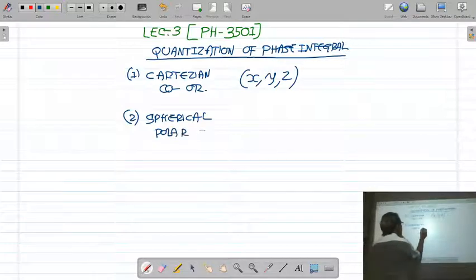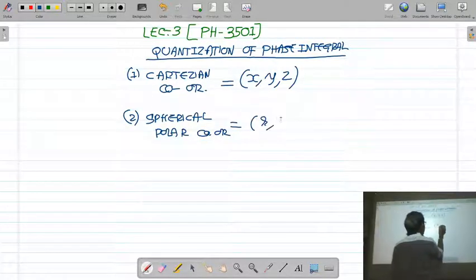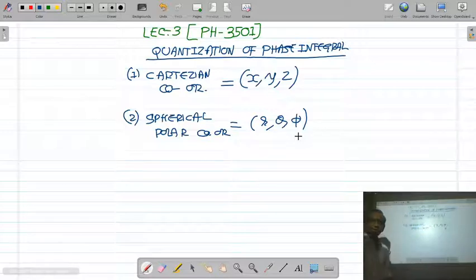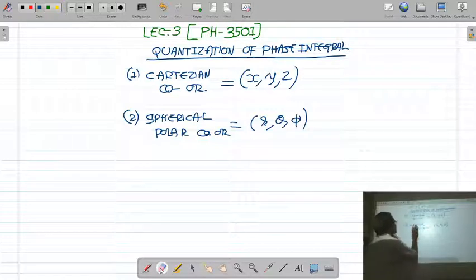In the spherical polar coordinate system, we take the coordinates as r, theta, phi. So you are familiar with these coordinates. x, y, z are called Cartesian coordinates, and r, theta, phi are known as polar coordinates. We are going to define a phase integral which can be applicable for both Cartesian coordinates as well as spherical polar coordinates.